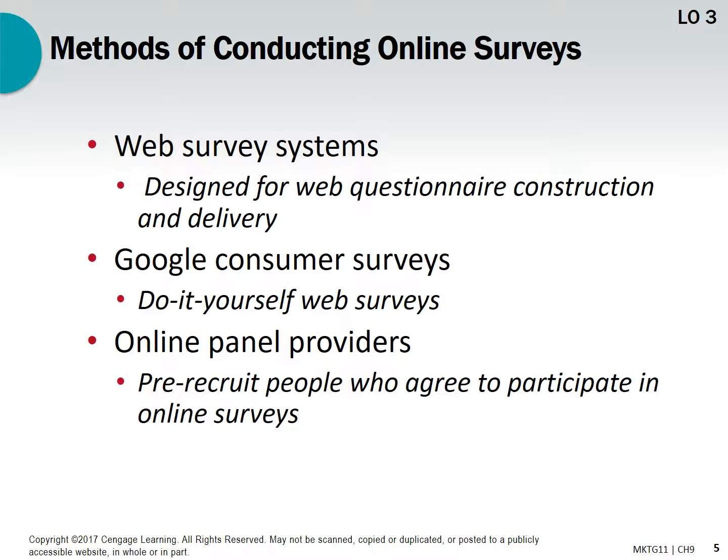Google Consumer Surveys. Google, with more than 1 billion unique visitors worldwide, has entered the do-it-yourself web survey arena. With Google Consumer Surveys, a visitor can gain access to premium content by answering a couple of questions instead of paying the fee. Surveys are limited to 10 questions.